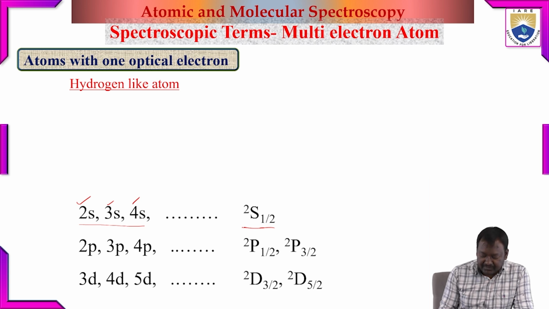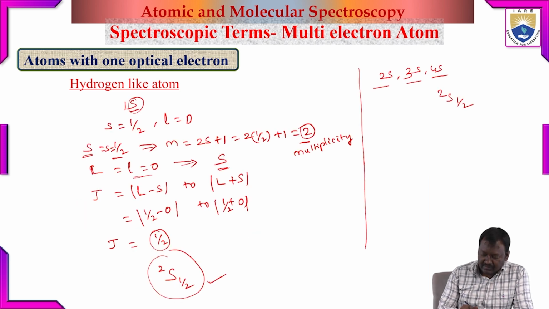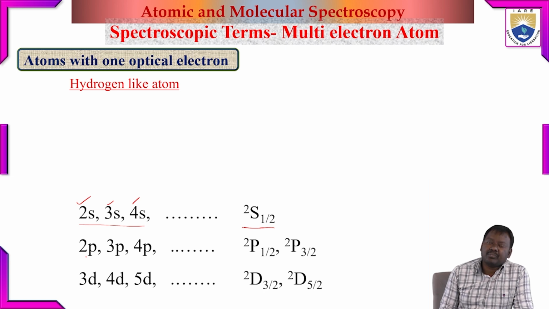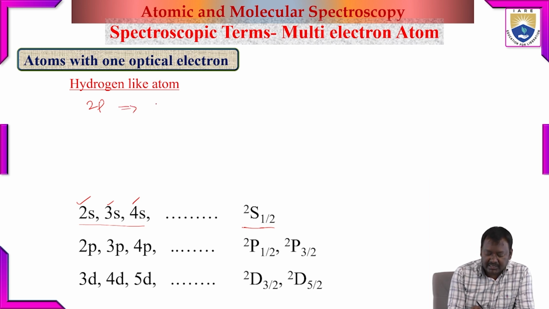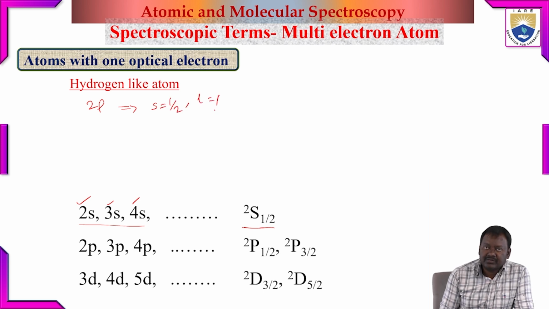That is the calculation for the spectral term of a single electron atom in an s orbital. If there is a single electron in a p orbital, we can follow the same procedure. For example, if we take a 2p electron, then as it is a single electron, s is 1 by 2 and l equal to 1.